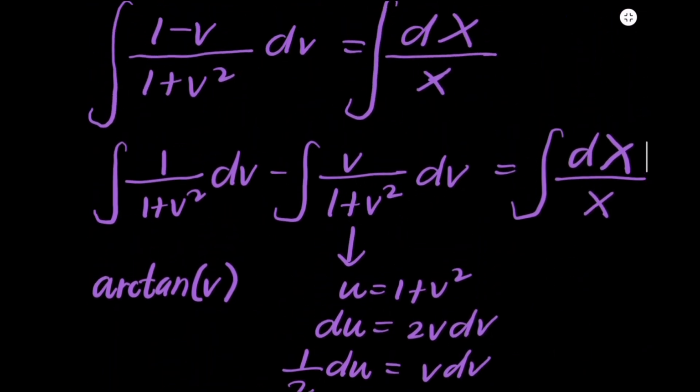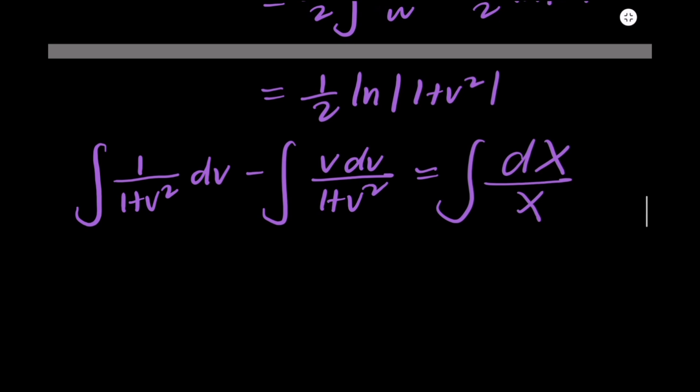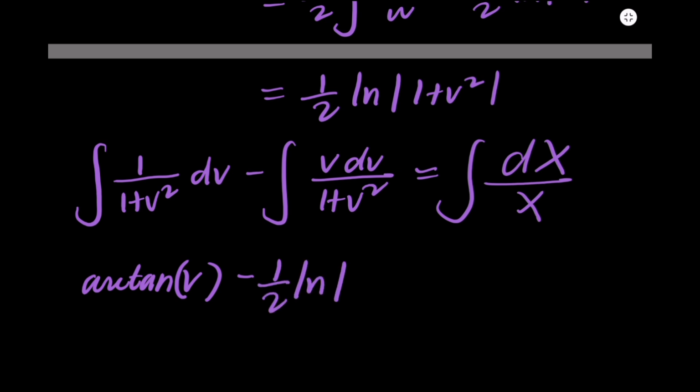Is that correct? Okay, right. So the first integral is arctangent of v. Then this is 1 half ln of 1 plus v squared equals, okay, the integral of this is ln also, right? ln X plus c.